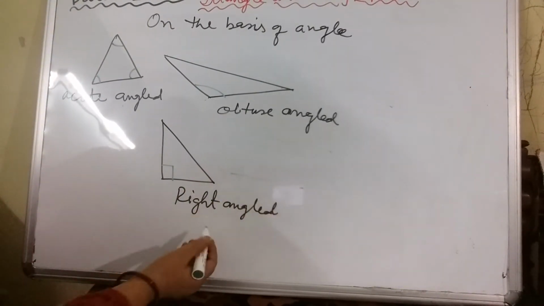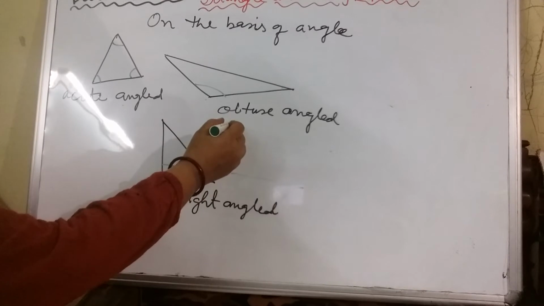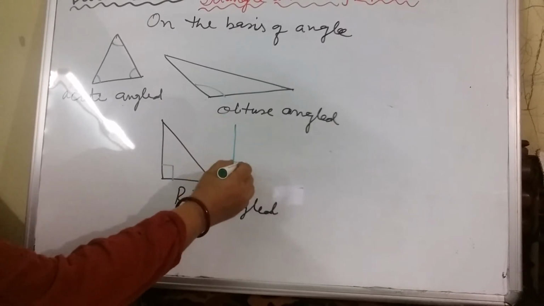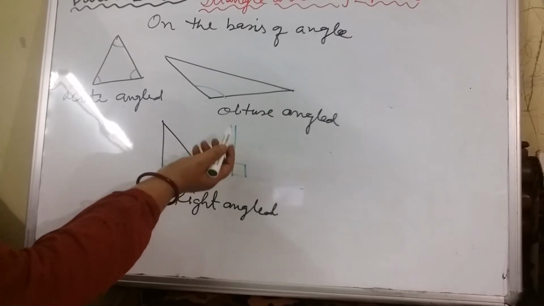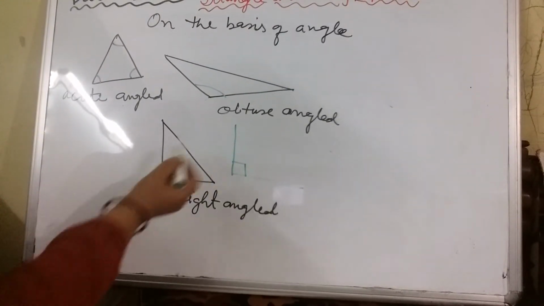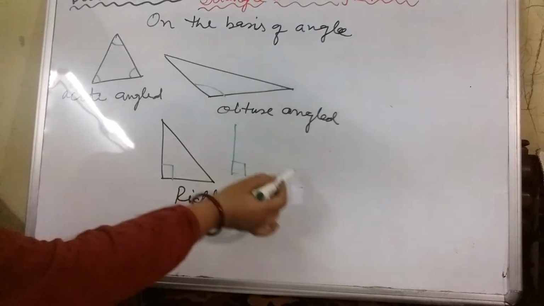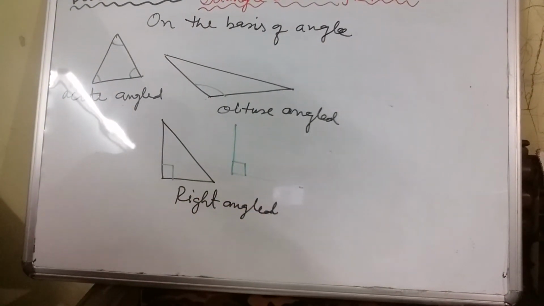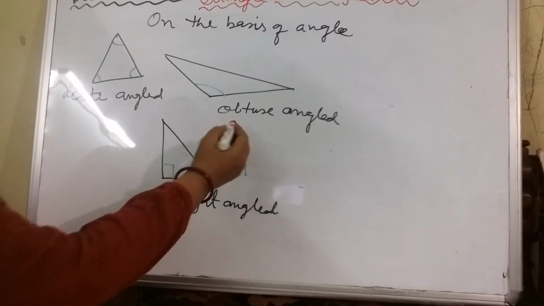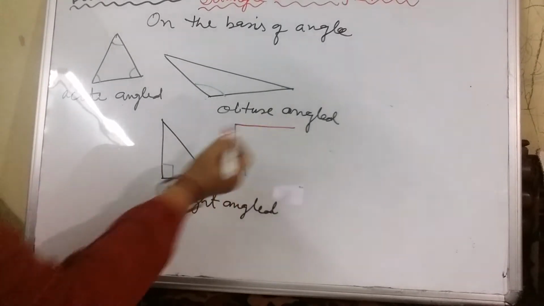Say one side is this. I will draw 90 degree here. So if I have to draw another 90 degree, either I have to draw here or here. Now if I draw a 90 degree here, then it will be like this.